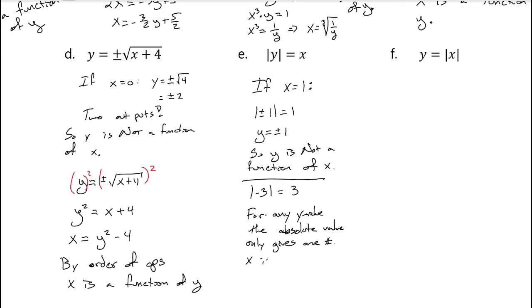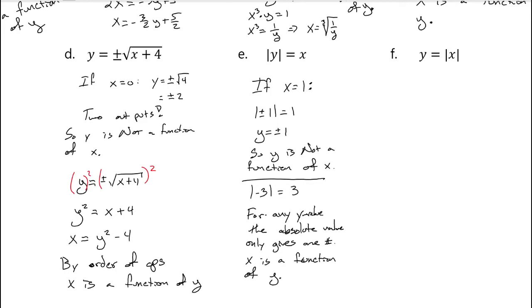So x is a function of y. All right, so if we think of x as the input and y as the output, one input could have more than one output. If I think of y as the input and x as the output, each input would only yield a single output.